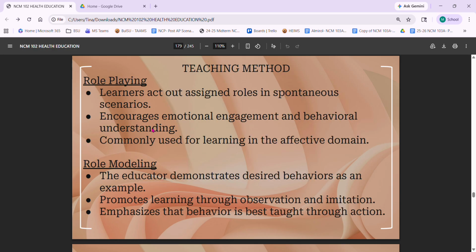Okay, role playing, learners act out assigned roles in spontaneous scenarios. So, encourage emotional engagement and behavioral understanding. So, commonly used for learning in the affective domain. Okay? Role modeling. So, the educator demonstrates desired behavior as an example. So, promote learning through observation and imitation, and it is best taught in action.